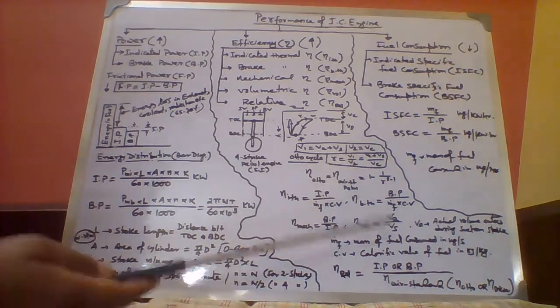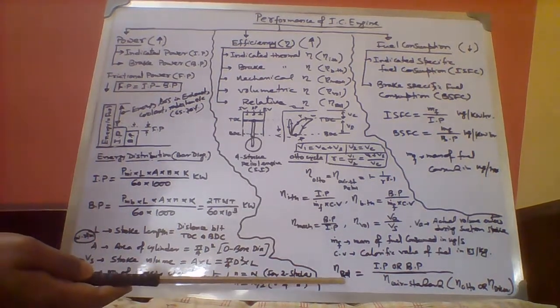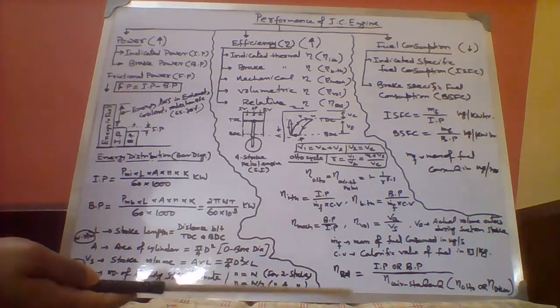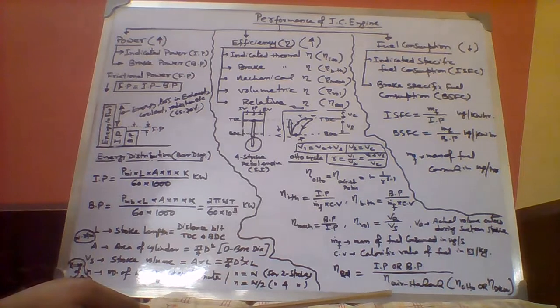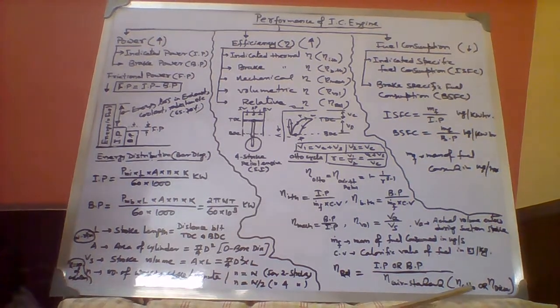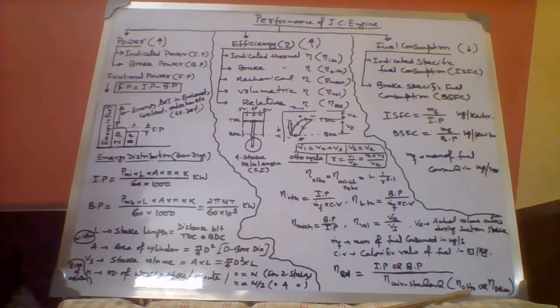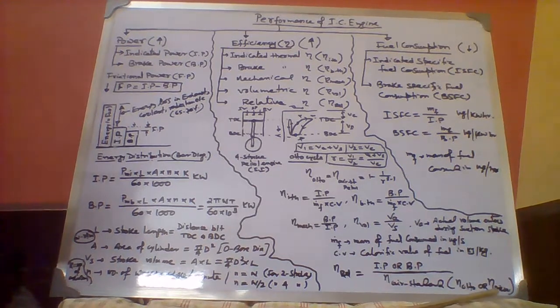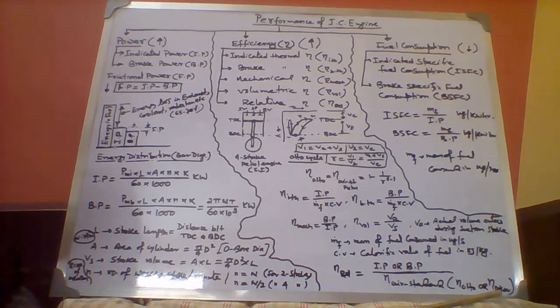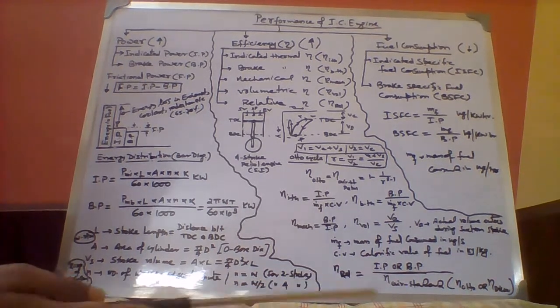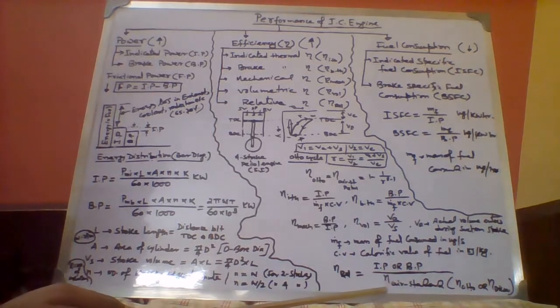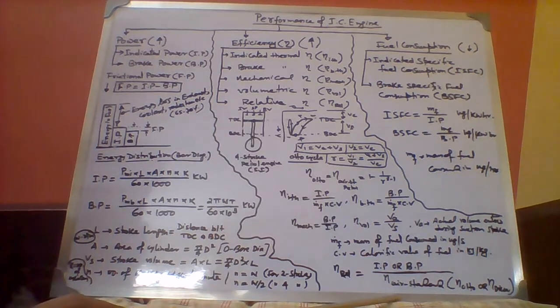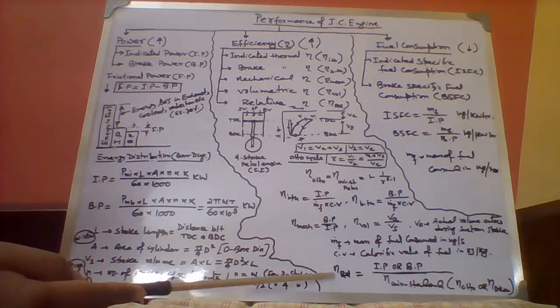Depending upon the cycle, whether it is an SI engine or a CI engine, you can use the air standard efficiency, either corresponding to the Otto cycle if the given problem belongs to an SI engine, or eta diesel if the problem belongs to a CI engine or diesel cycle. So eta relative is indicated power or brake power, divided by the efficiency of the air standard cycle. Clear? So this is the eta relative.